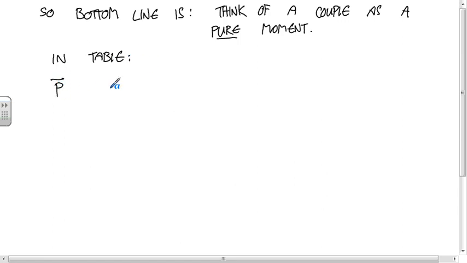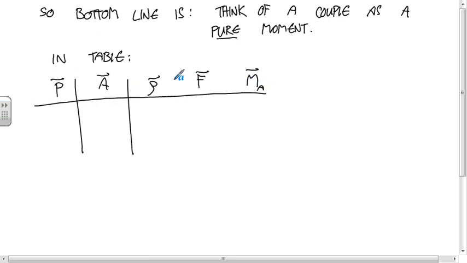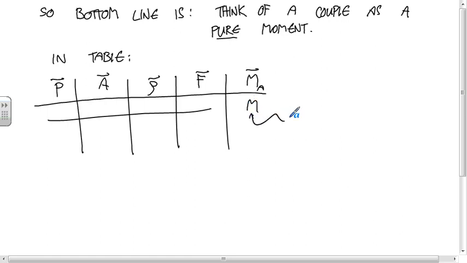Okay, so in the table, you have the columns for the about point, rho, and so on. If you have a couple, then you don't care about any of those, and you just put in your couple M here. So this would be your couple.